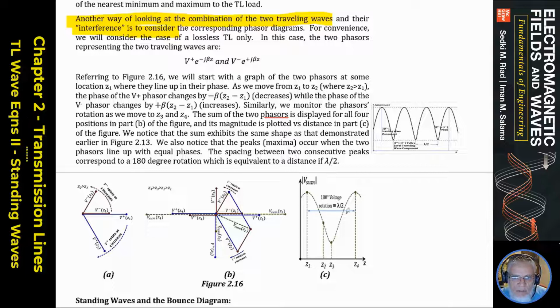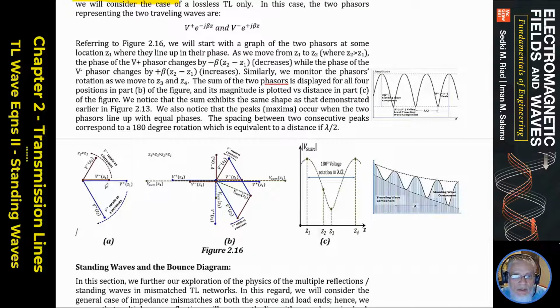Now I'm showing here the magnitude maximum, so whether it's positive or negative, they both have the same magnitude. Well, obviously if the V minus and the V plus are experiencing an alpha, a loss situation, the V plus continues to shrink and the V minus will increase. And as a result, you'll never have an exact 0, and you'll never have a constant peak value. Things would be changing in a fashion of this nature here, like we have discussed before.